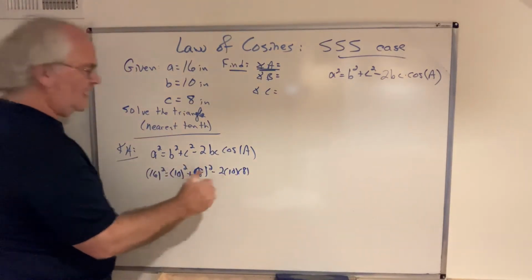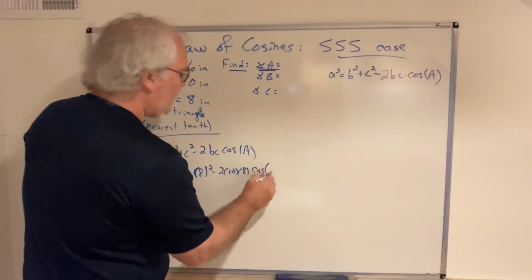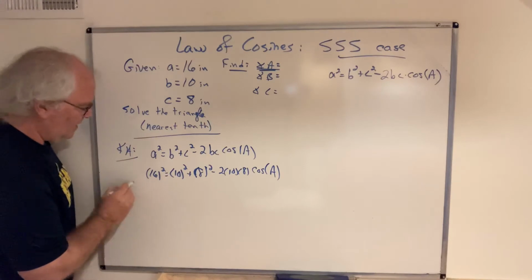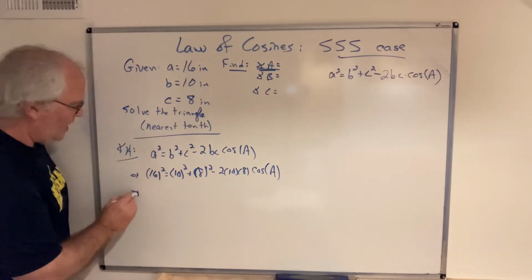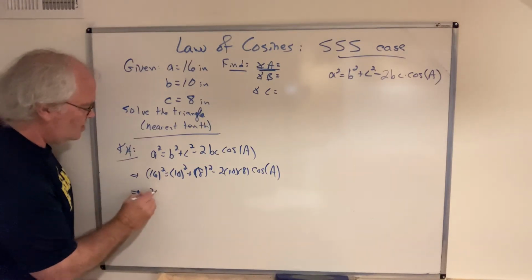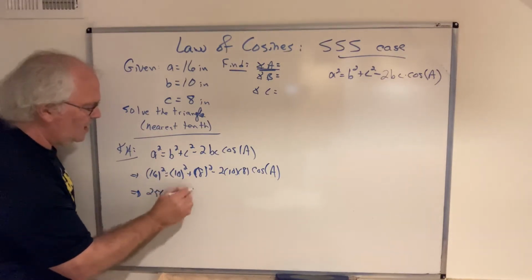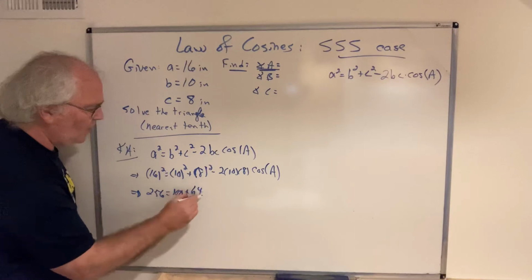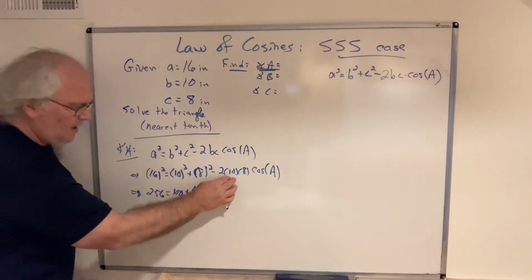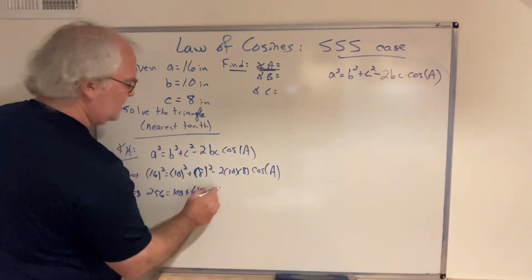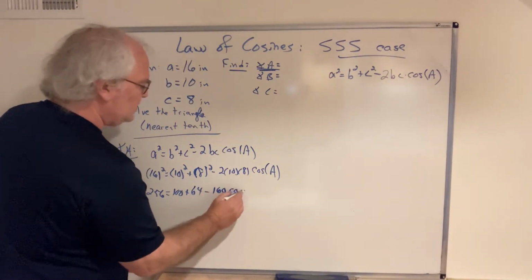BC is 10 times 8, times cosine of angle A. A calculator would help if you don't know these values. 256 is equal to 100 plus 64 minus 80 times 2 is 160 times cosine of A.